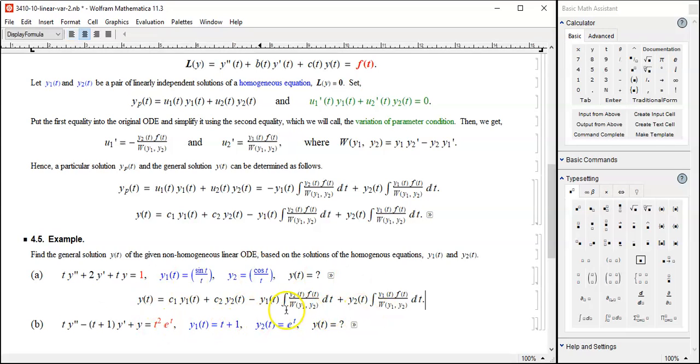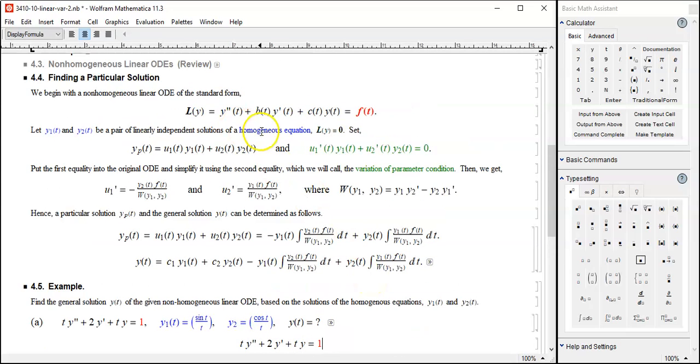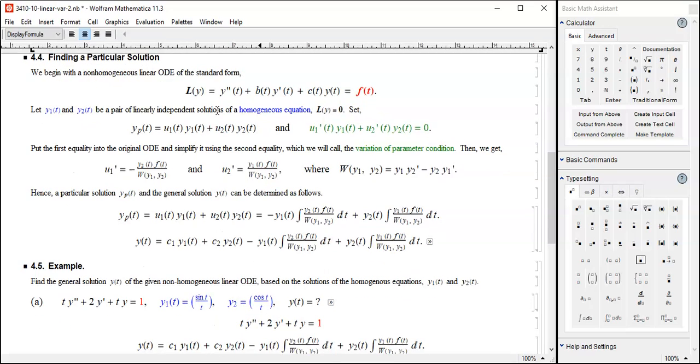So we have to calculate this. And here's the equation. But please note that this is not in the standard form. You see, we have to have monic: the leading coefficient has to be 1.